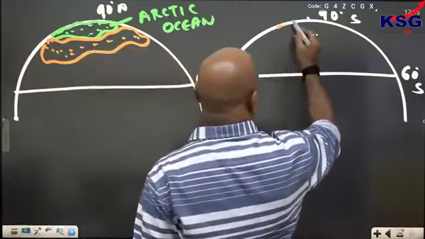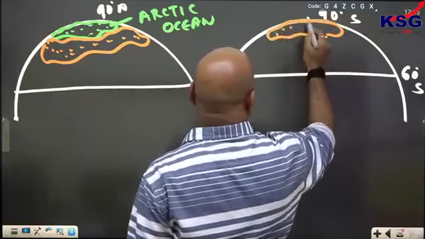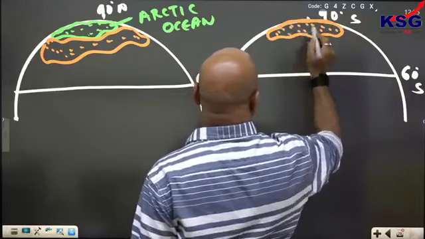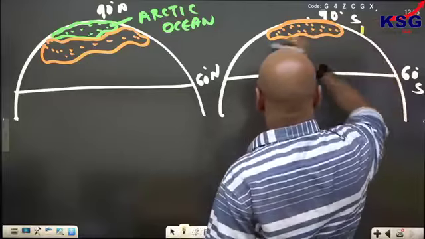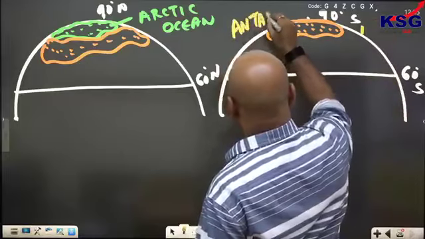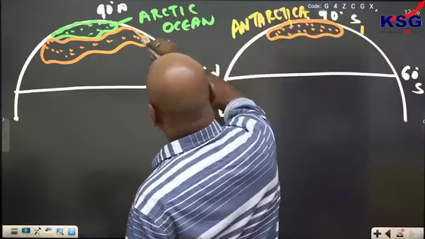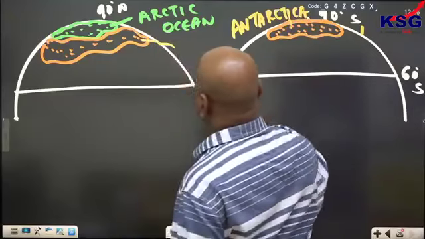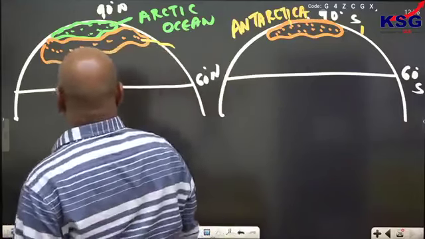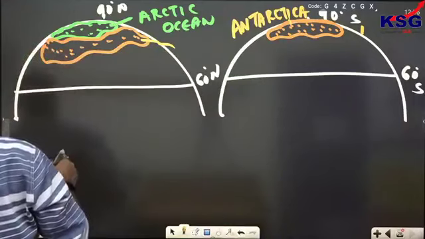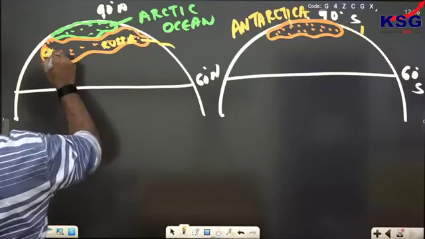But on the contrary, here you have Antarctica. ये अंटार्कटिका रीजन है, and here it is North Canada, Russia, Canada.